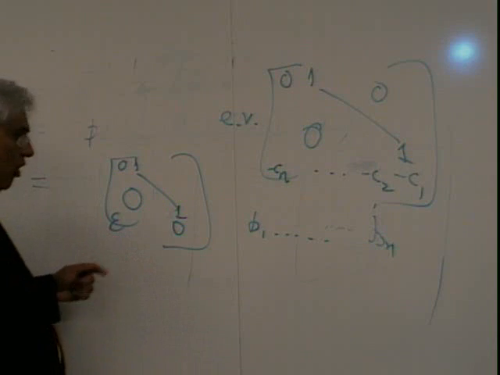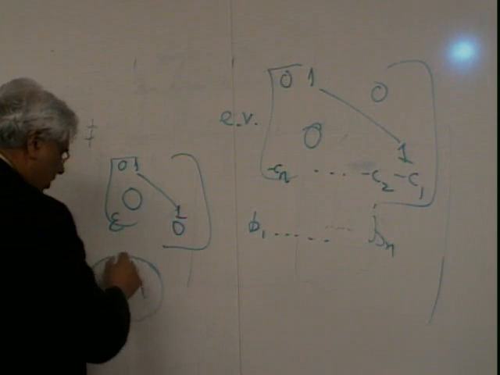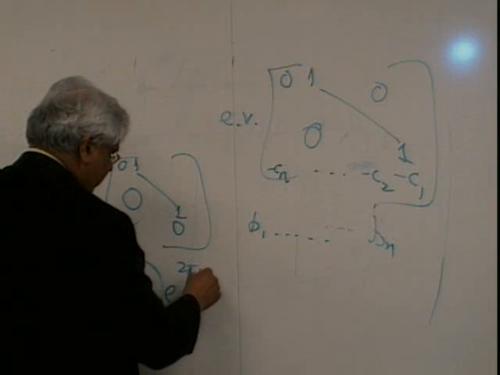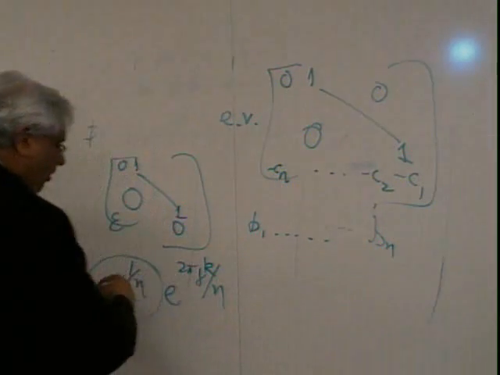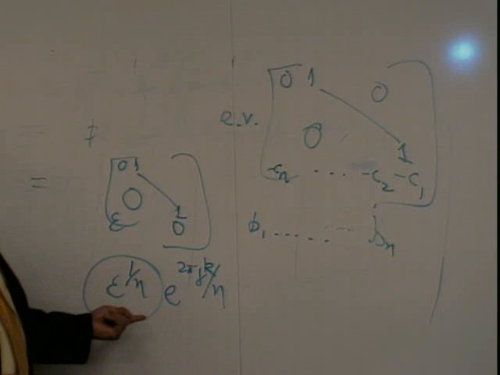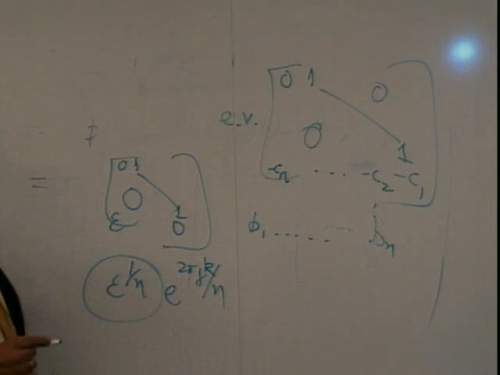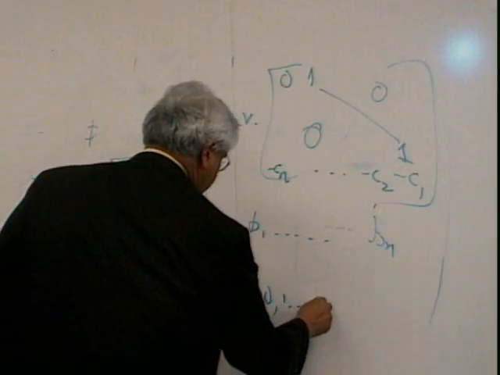But if you put in a small epsilon perturbation, the eigenvalues are all the nth roots of epsilon, the 1 over nth roots of epsilon multiplied by the spectral pattern corresponding to k equals 0, 1, 2, up to n minus 1.